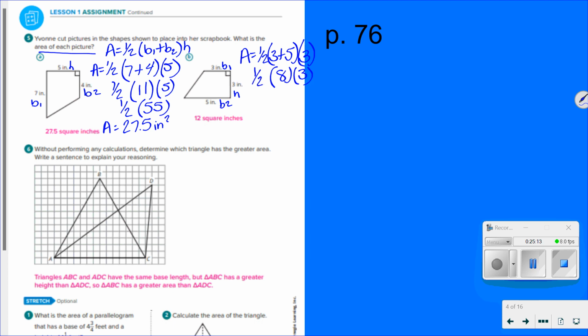Multiply by 3, and we still have our half. I've got an even number, so I would divide that even number by 2. 8 divided by 2 is 4. And we are going to multiply by 3, so 4 times 3 is 12. So our area equals 12 inches squared.